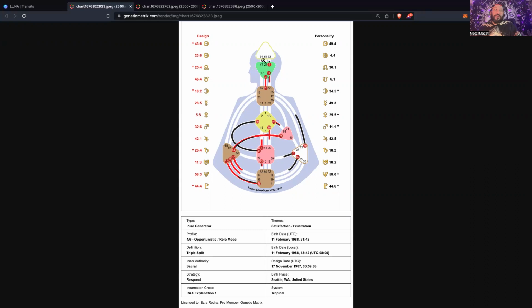So if we ask this person, what do you want to eat tomorrow? They're going to start thinking of everything that they want to eat and everything they don't want to eat. But if we ask this person, do you want to eat pizza tomorrow? You're going to get a yes or no from the sacral. The sacral is going to know this is what I want for nutrition and this is what I don't want.